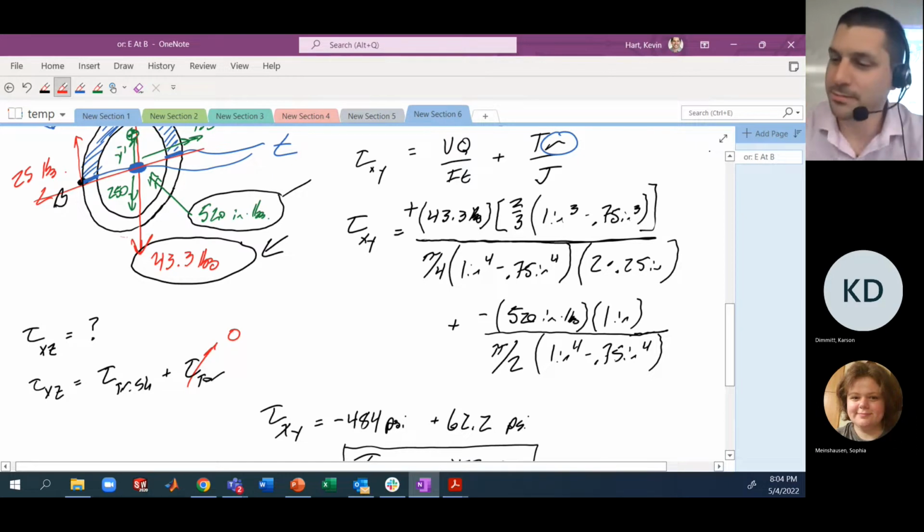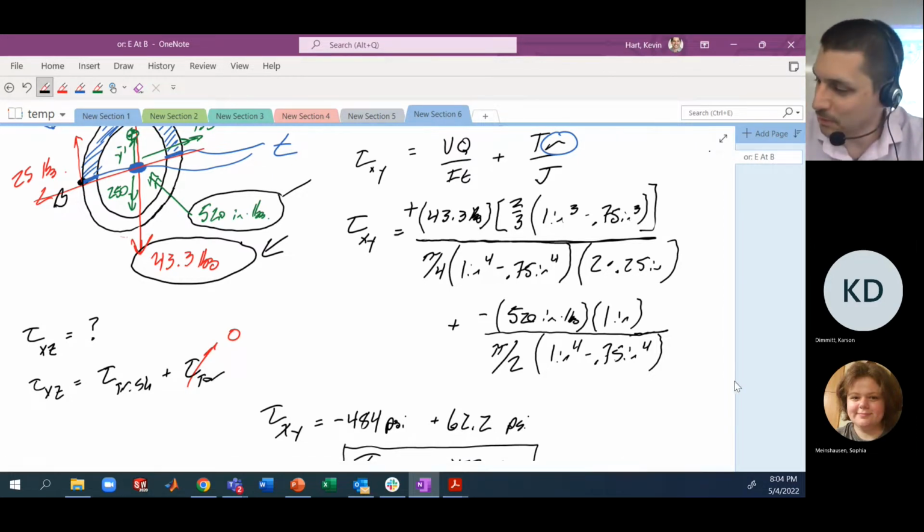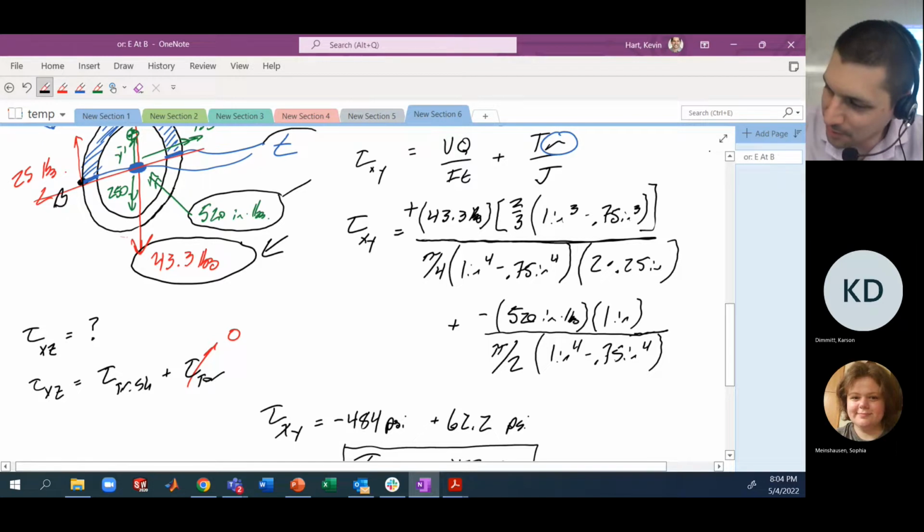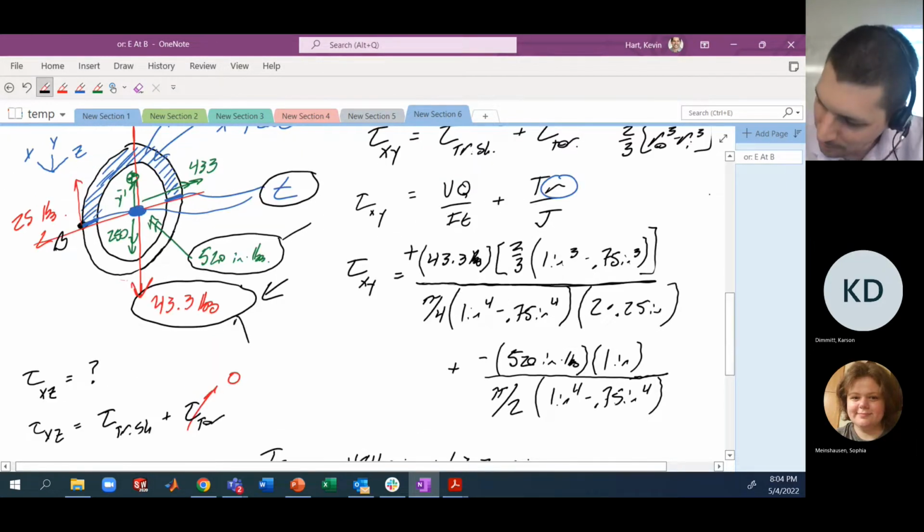My transverse shear. Here's where we have to talk about what it means to define this variable t. When we looked at the transverse shear for this 43.3 pounds, this is a force that's coming across the y face. We define the variable t as the thickness at the point of interest perpendicular to that transverse load.